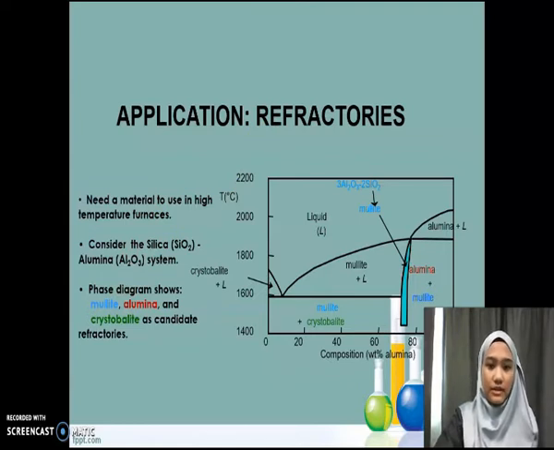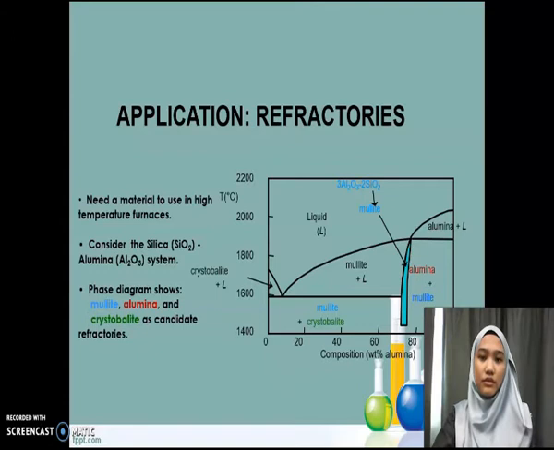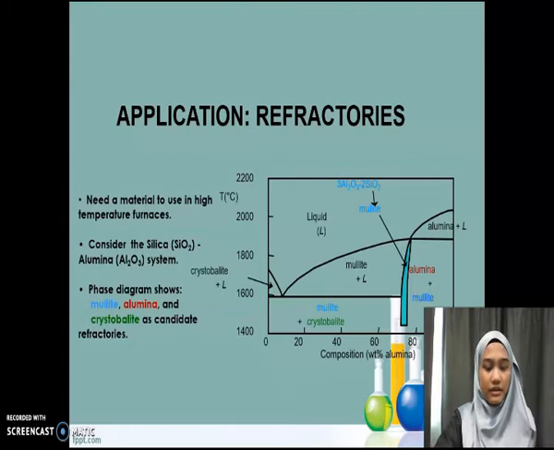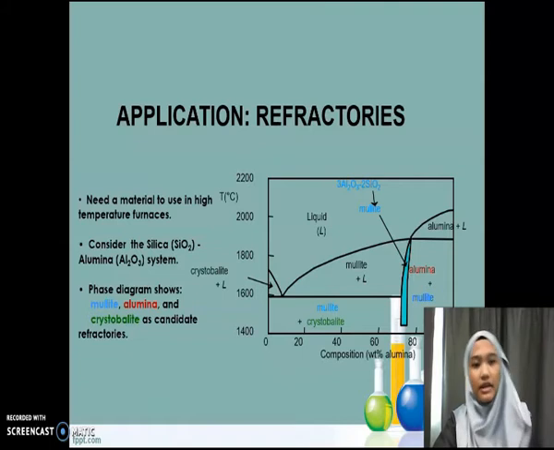So we can see here that at the y-axis there is temperature, and at the x-axis is the composition of alumina. So refractories are used in furnaces, and of course the characteristics of refractories is to resist high temperature.